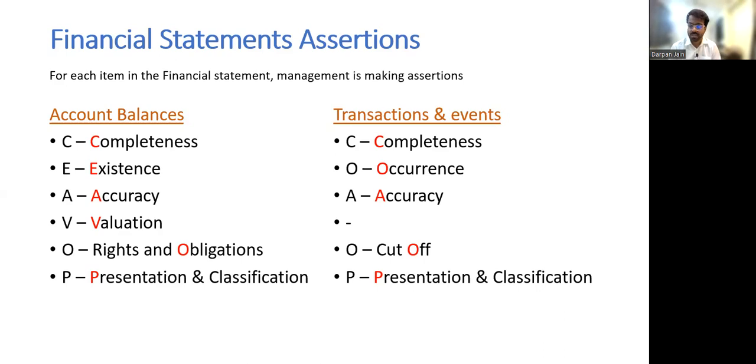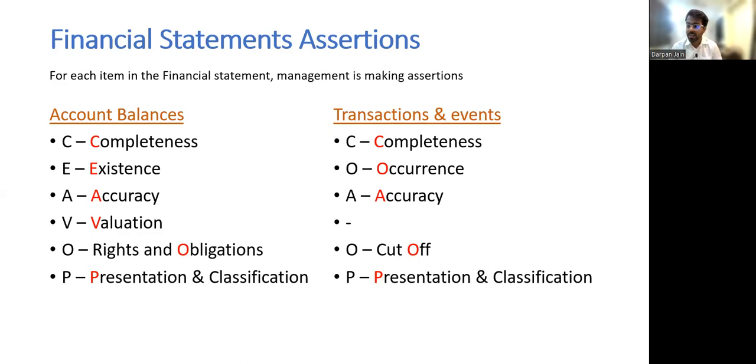Next, O, rights and obligations. O for obligations. Why have we written O there? What do you mean by rights and obligations? In the balance sheet, the management is listing down the assets and listing down the liabilities.